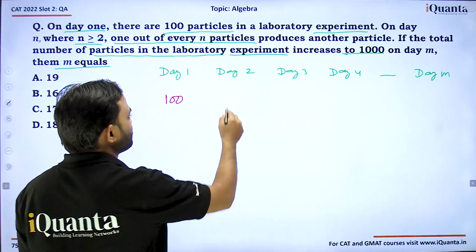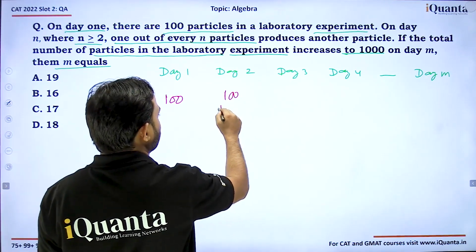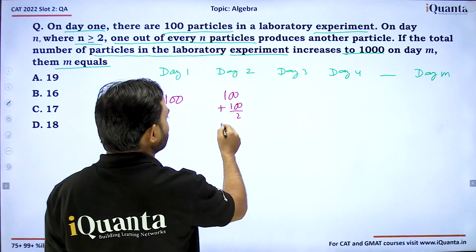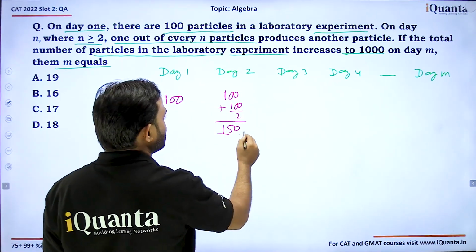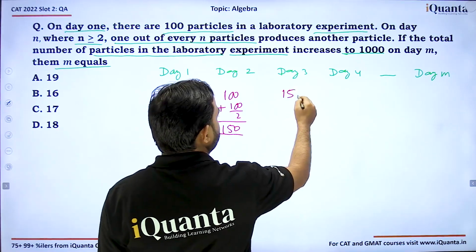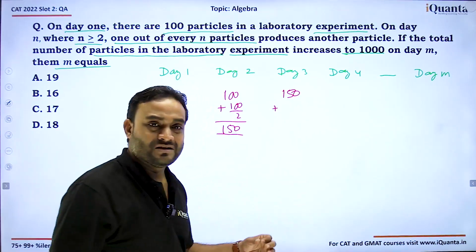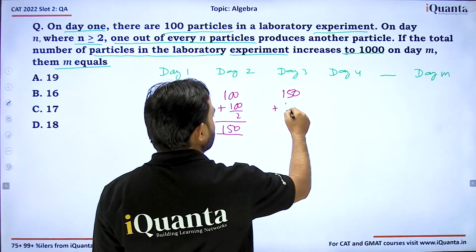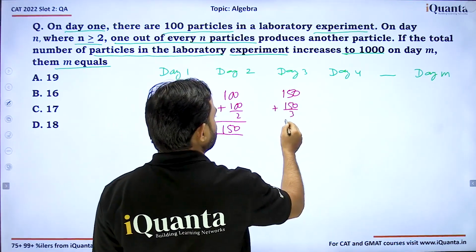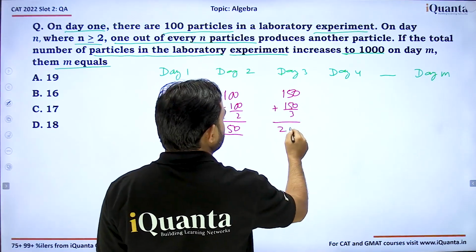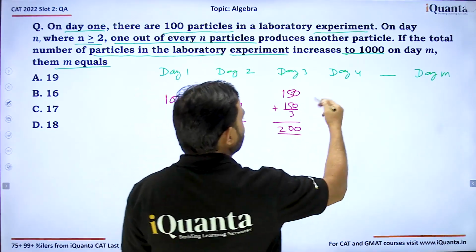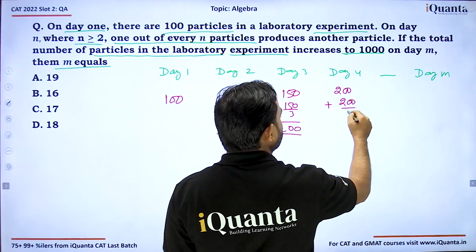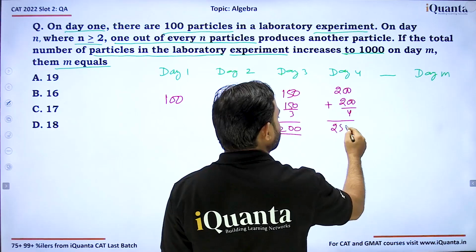On day 2 what will happen? 100 plus 100 by 2, out of every 2 we are getting 1 new, so this will be 150. On day 3, 150 plus, on day 3, 1 particle is generated out of every 3 particles. So 150 divided by 3, which is equal to 50, so 200. On day 4, it will be 200 plus 200 upon 4, which gives us 250.